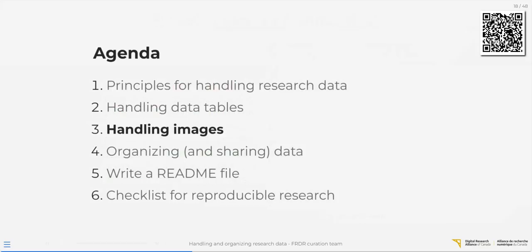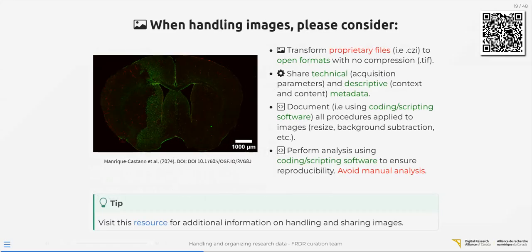Now, let's explore essential elements for handling images. When it comes to handling images, there are a few important best practices to keep in mind. First, always convert proprietary formats, like .xi files, into open, non-compressed formats such as .tiff. This ensures your images can be opened and preserved in the long term. Second, share both technical metadata, like acquisition parameters, and descriptive metadata that explains the context and content of the images.